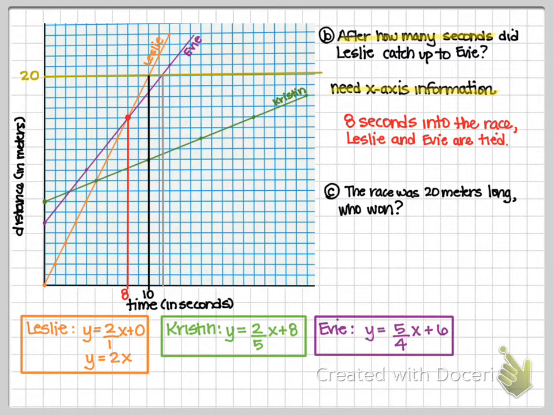I would say like 11 and a quarter maybe? As far as I'm concerned, the 10-second mark was definitely faster. So the person who won would have been Leslie, and I'm going to say she finished the race in the least amount of time.